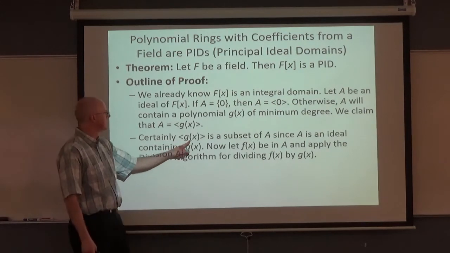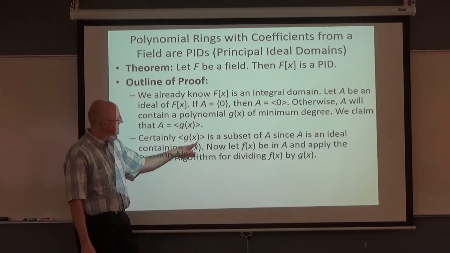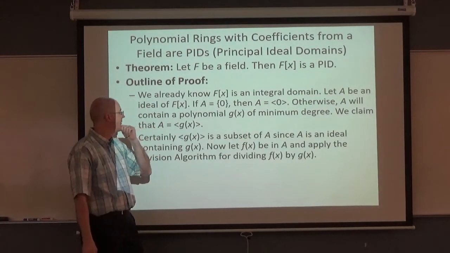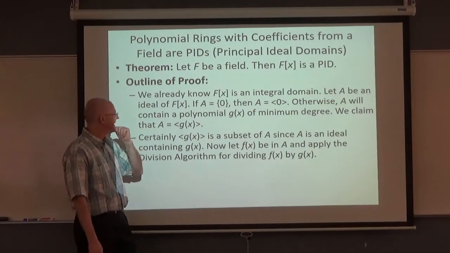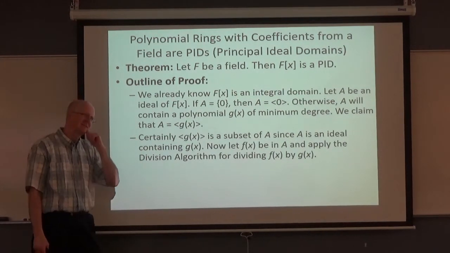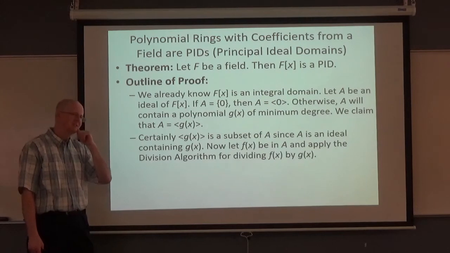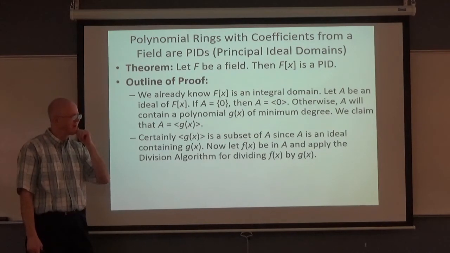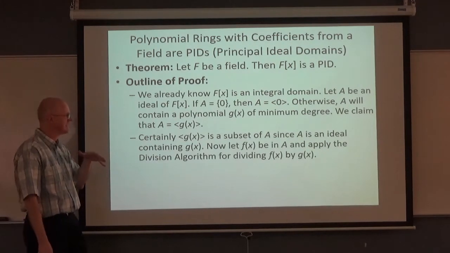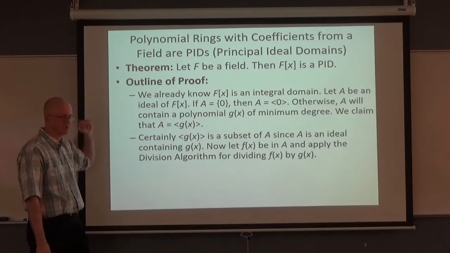Certainly, the principal ideal generated by g is a subset of A, a sub-ideal of A. Why? Since A is an ideal containing g(x). It isn't really that trivial, though that's again one of the things that's almost so trivial that it's confusing. Certainly g(x) is in A, by definition of what g(x) is.